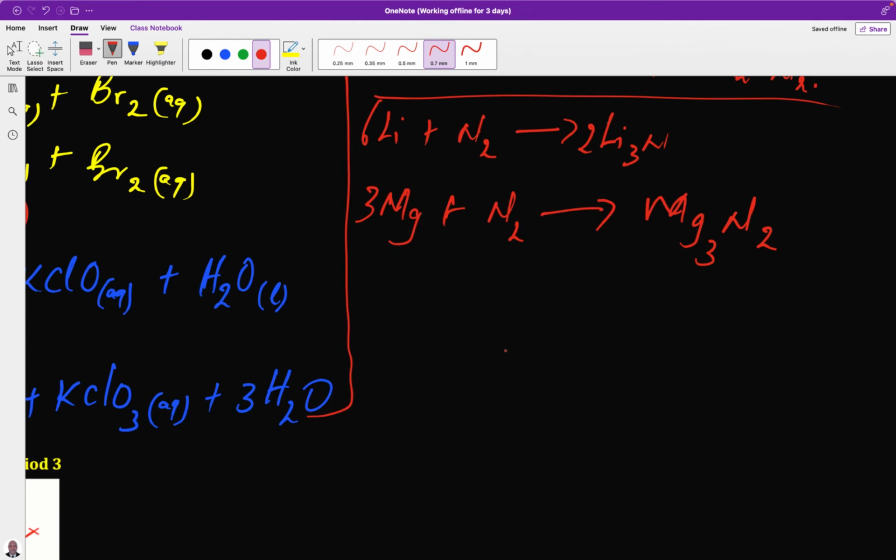Another reaction is that both nitrates will decompose on heating to give nitrogen dioxide. If you don't give the first one, you can give this one.